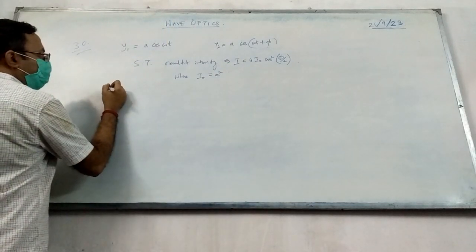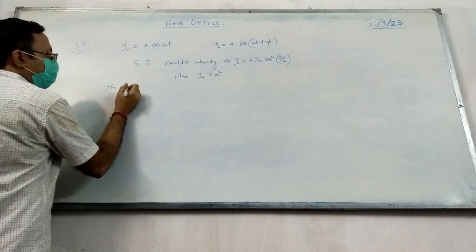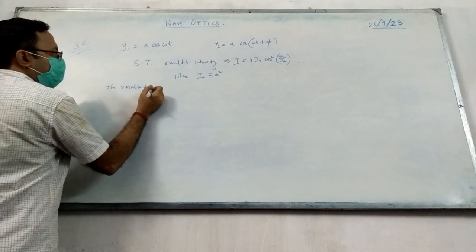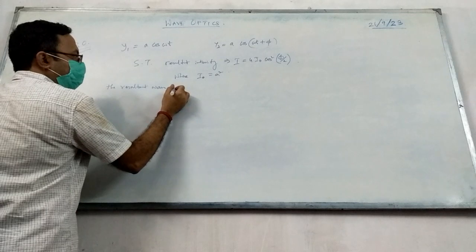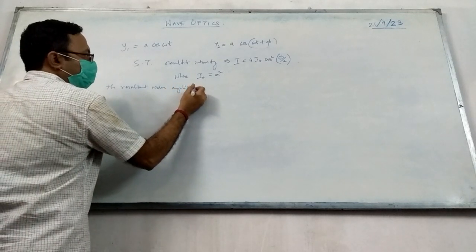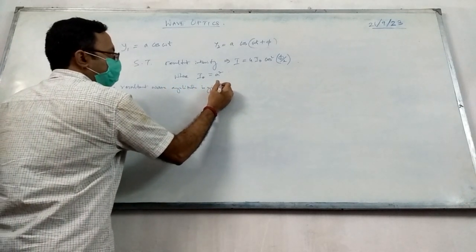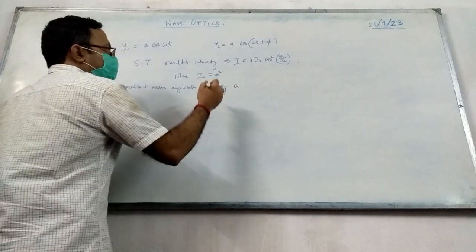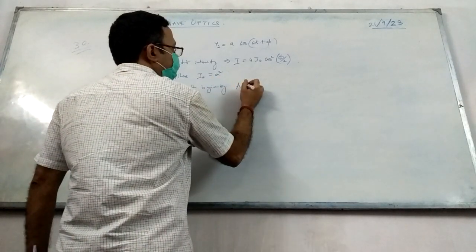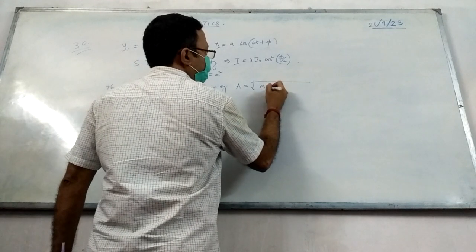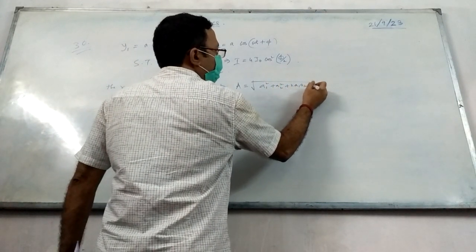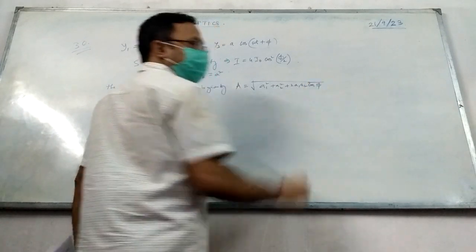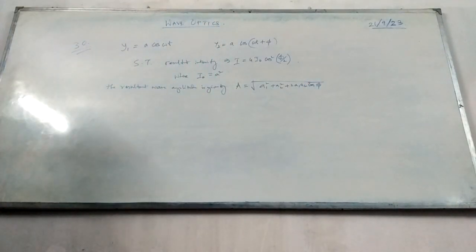हम लोगों को पता है कि the resultant wave amplitude is given by a capital A equal to under root of a1 square plus a2 square plus twice a1 a2 cos phi, right? So ये वाला पोर्शन तुमको डिराइव करने का जरूरत नहीं है.